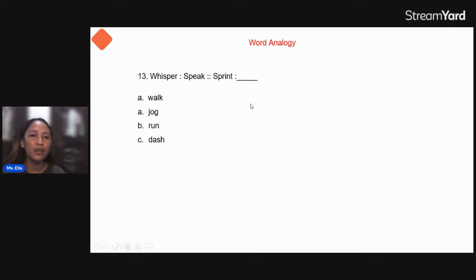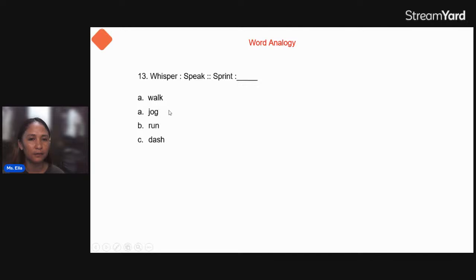Okay, number 13. We have here whisper is to speak, sprint is to blank. So here, this is not a synonym antonym. Okay, we need to depend on the words or the first two words. What's their relationship? So we have here, whisper is to speak, sprint is to blank.